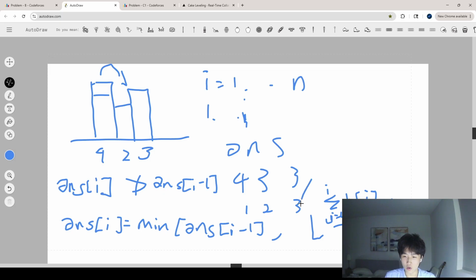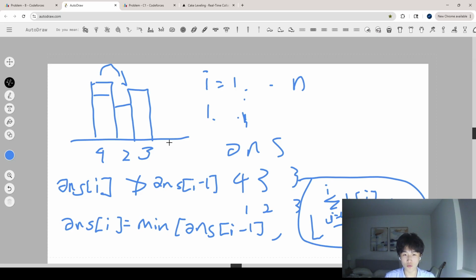And we reason this out by knowing that for each value that is greater than this average, we can push that part of excess layer of cake to the value to our right.